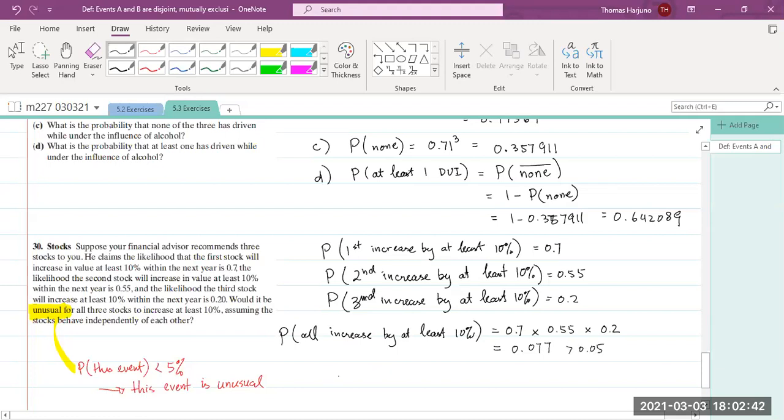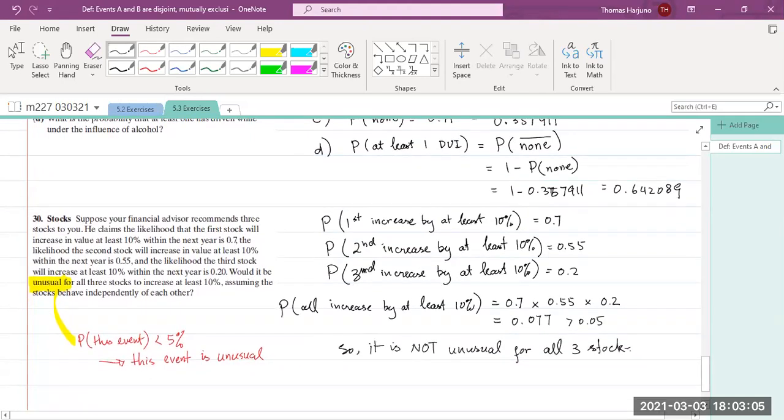So it is not unusual for all three stocks to increase by 10% in the next year.